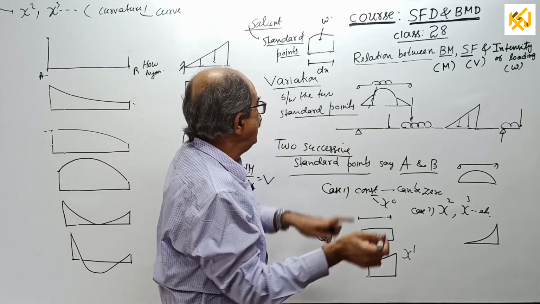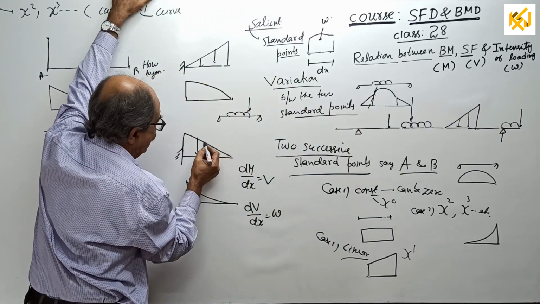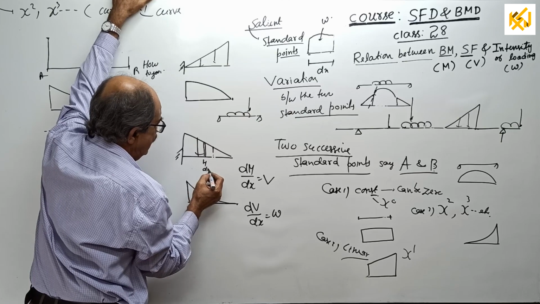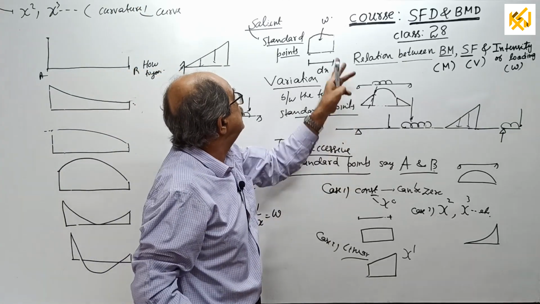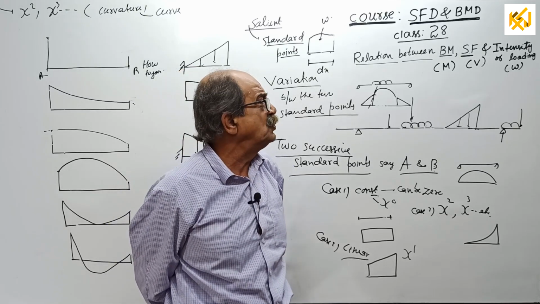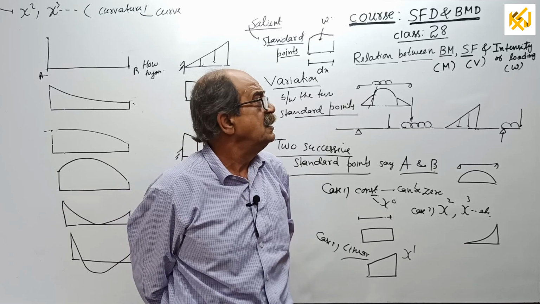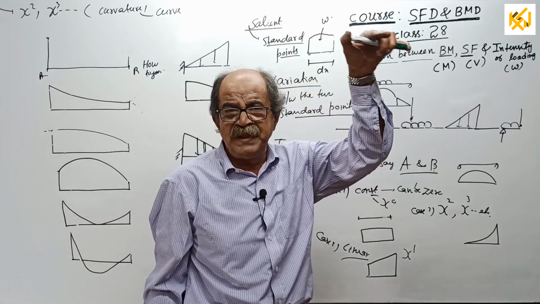Even if uniformly varying load is there, if you take elemental length dx, then the intensity can be taken constant. But this type of derivation, so many people or textbooks or especially foreign author books, they do this way. Even I also will consider this way for some MTech subject.